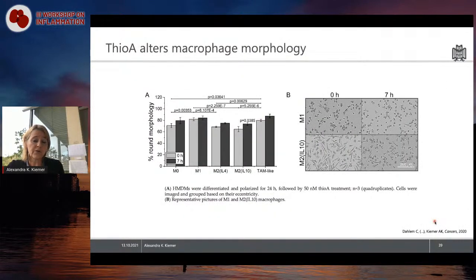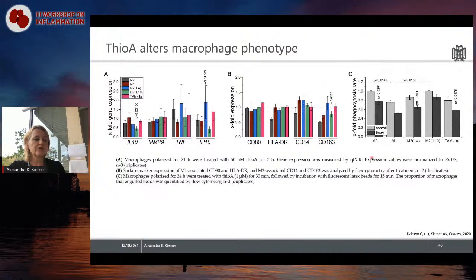So what does this mean for the functionality of the macrophage? If you look at macrophages, you can already see how they might behave or not behave. What we could clearly see is that the compound affects the morphology of the cell, which is typically related to a functional effect also.